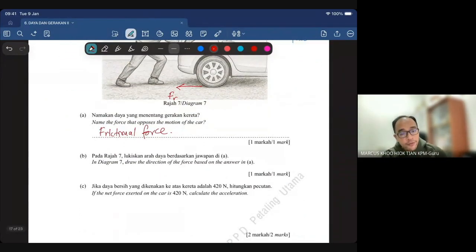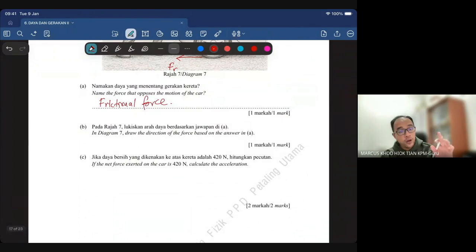Now, the net force exerted on the car is 420 newtons, and this is a good thing because we don't know any of the forces. But what this word net force means is that the force forward minus the frictional force is 420 newtons.